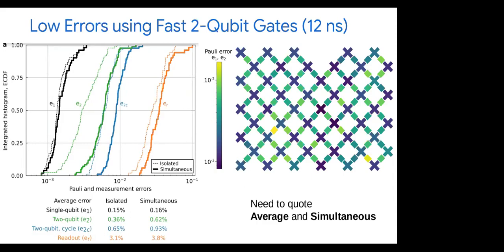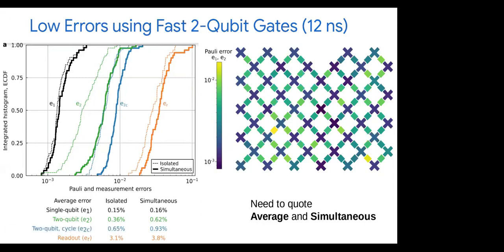So they are like a bunch of 2 qubit circuits run all in parallel. The fidelity drops, or the Pauli error increases, basically by a factor of 2. So the Pauli error rate is now 0.62%. So there is some crosstalk when we run 2 qubit gates on all qubits at the same time, but it's not too much. It's only 0.62%.